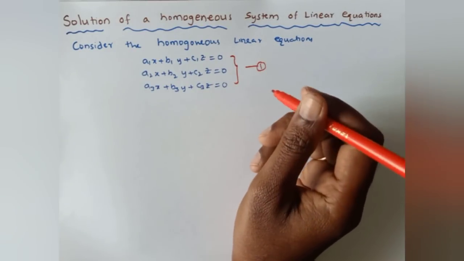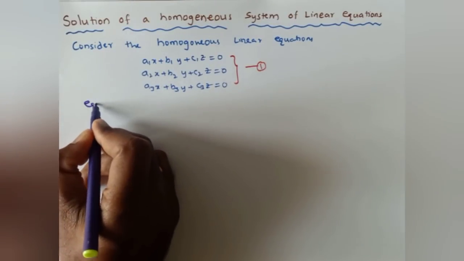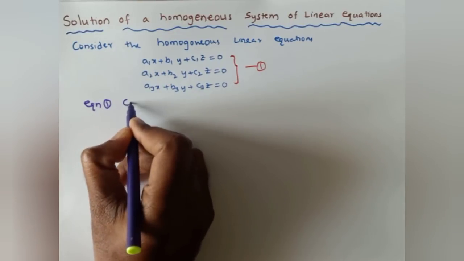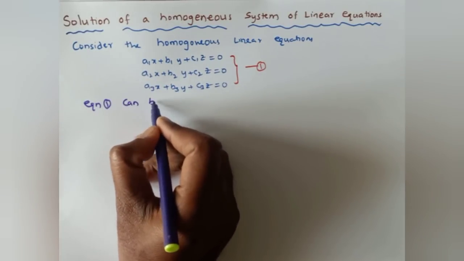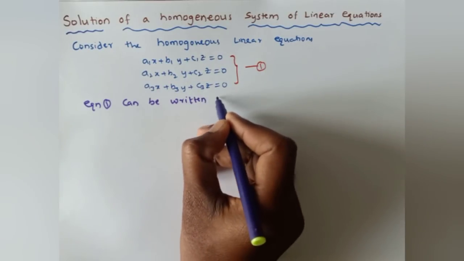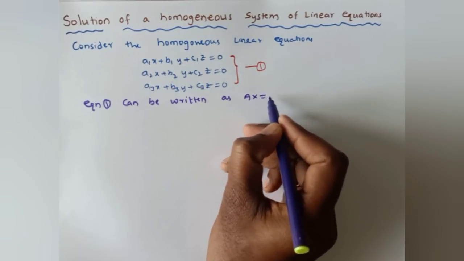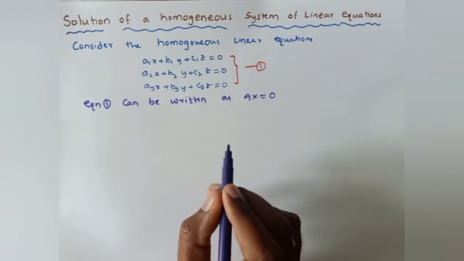Let it be equation 1, and equation 1 can be expressed as a matrix equation. Equation 1 can be written in the form of a matrix equation, that is here it is Ax equal to O or 0 form.